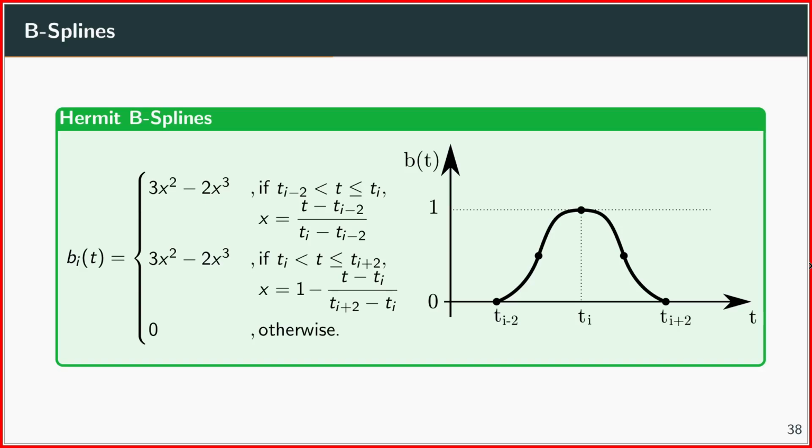Something which is a bit more interesting are, for example, quadratic or cubic basis functions. For example, here we have something called a Hermite B-spline, which is a cubic function in X, and this gives you this small, almost Gaussian-looking basis function, which gives you a smoother influence of the control points.